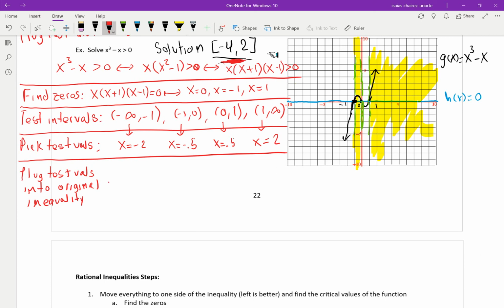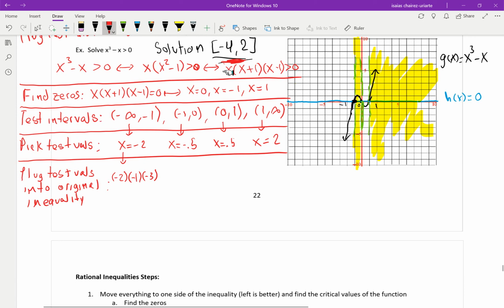Okay, so let me do that. So if I plug in -2 into the factored form, so I'm using this form of the original inequality, although it doesn't matter which one you choose. I'm just trying to make my life easier, and the arithmetic, I think, is a little bit easier if I plug things into the factored form. Well, then I'm going to have this -2 times -1 times -3.